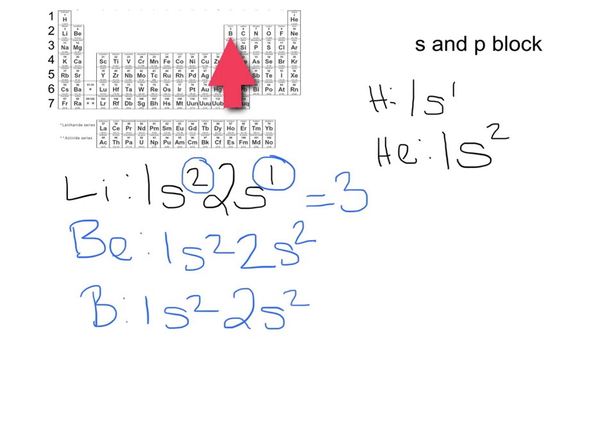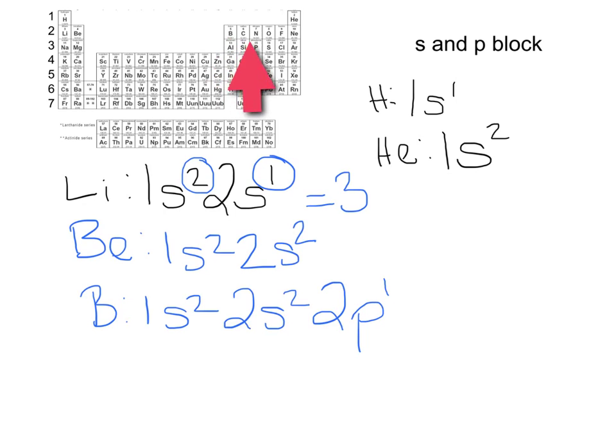So because I'm still in the second row, I'm going to write 2. Now I'm not in S block anymore, I'm in P block, and I need to go over 1. Ta-da! Let's just double check, right? 2 plus 2 plus 1 is 5. Boron is 5. We rock!